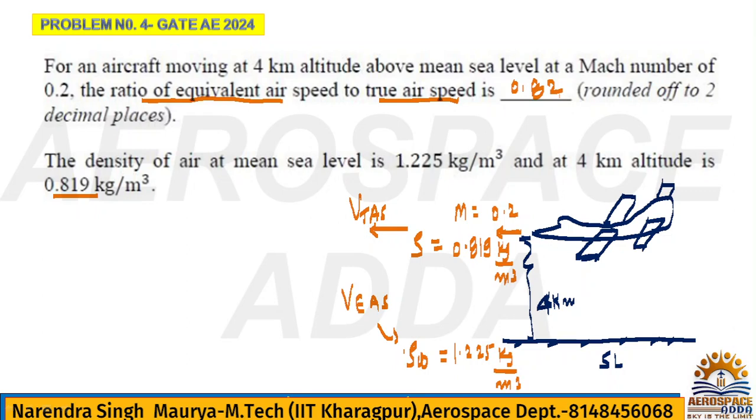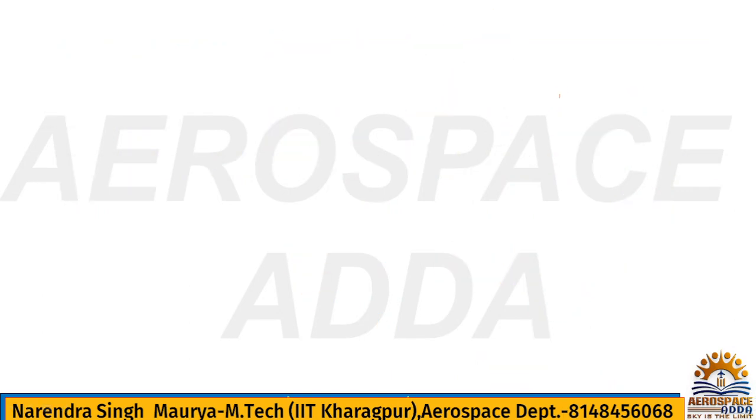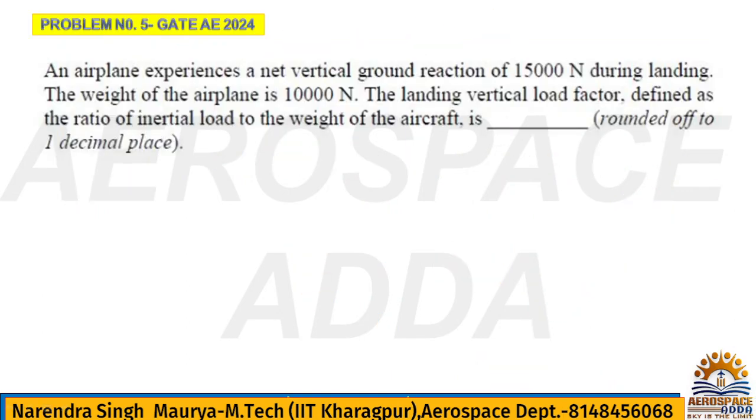All right. Now moving ahead to the next question. An airplane experiences a net vertical ground reaction of 15,000 Newton during landing.